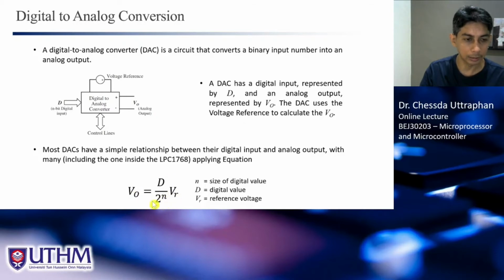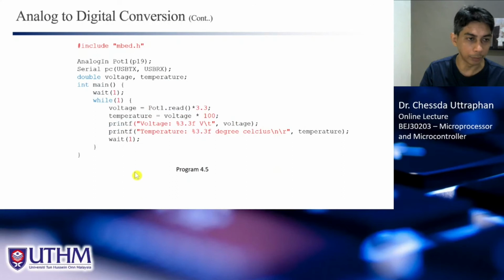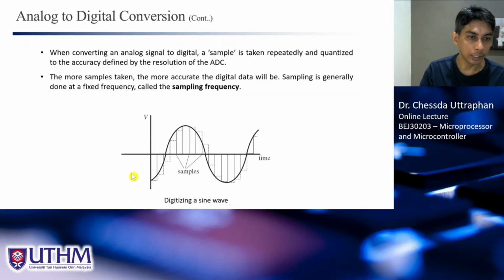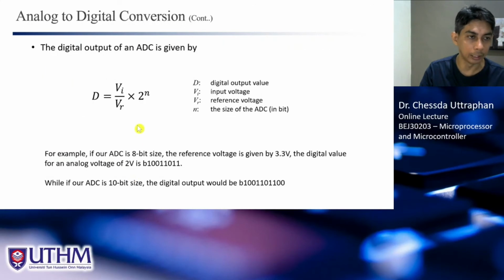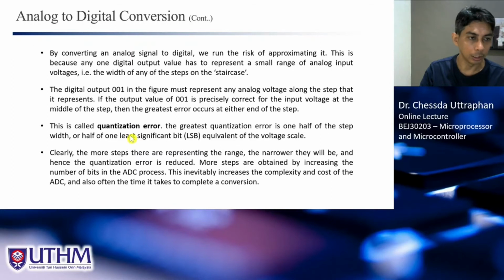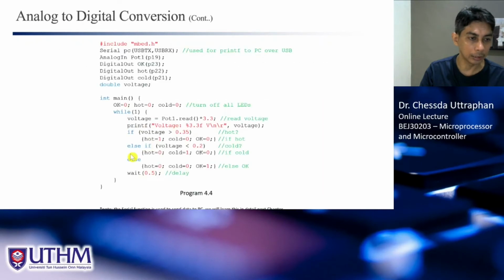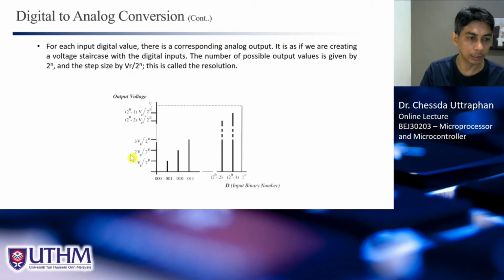This is a rearrangement of the previous equation that we have in the ADC. So instead of looking for D, now we look for V out. If you rearrange the equation, you can get this equation.